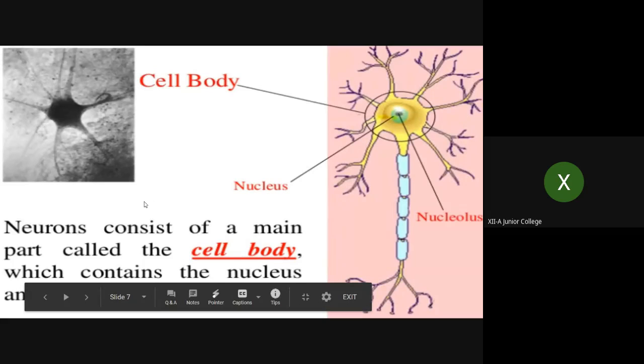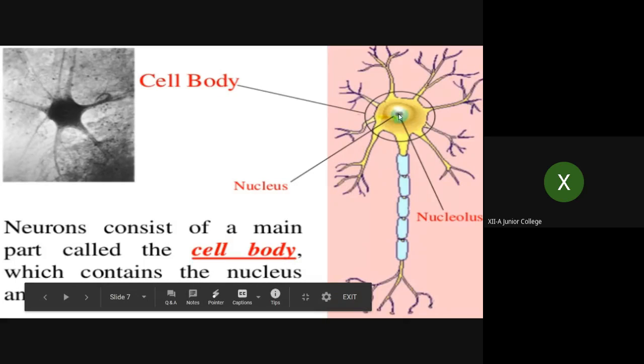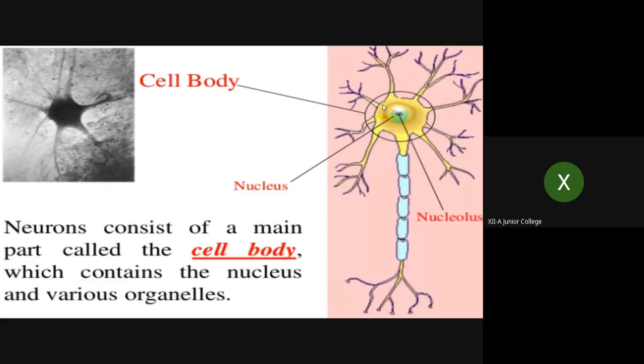Now try to understand here. Neurons consist of the main part called the cell body, which contains the nucleus and various organelles. You can see here at the central place, the nucleus is present, and like remaining cells, if you remember the structure of cells, normal plant cell, animal cell.